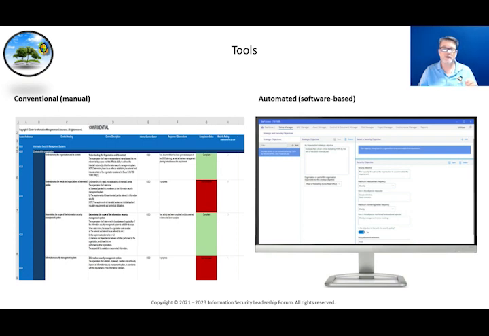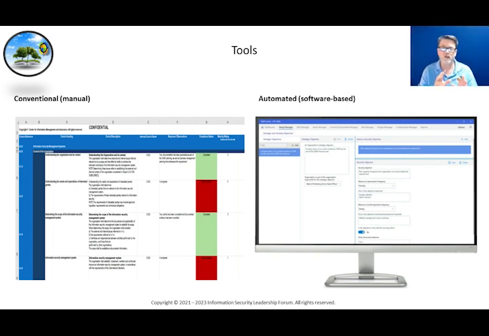So now we're going to talk a little bit about the different types of tools that you might use: conventional or manual tools, and on the other side, the automated tools as well.